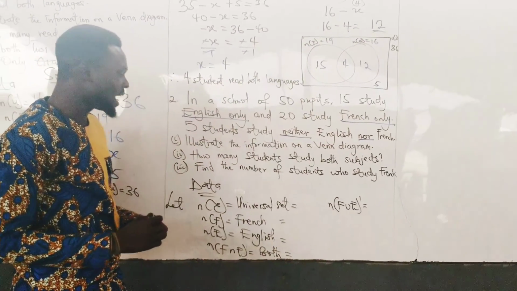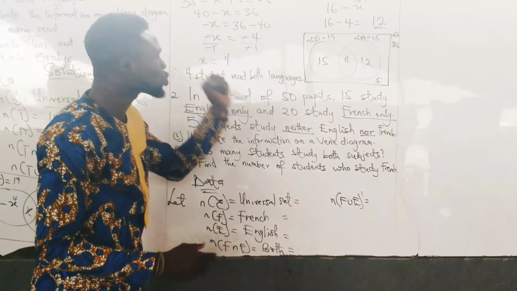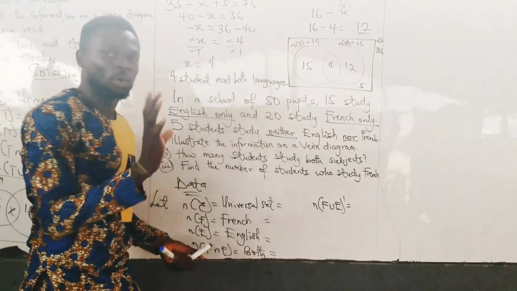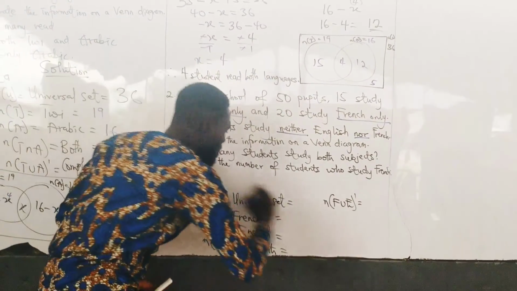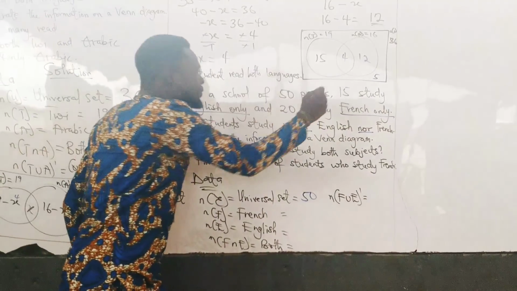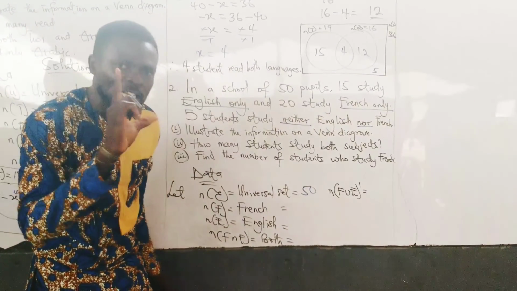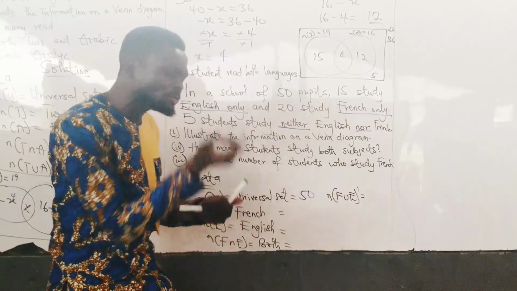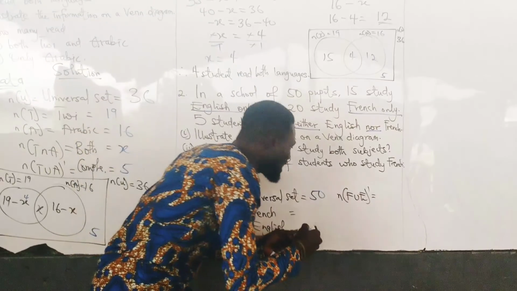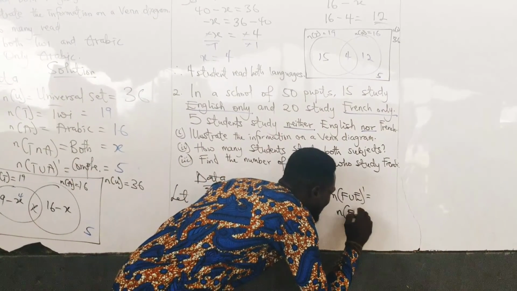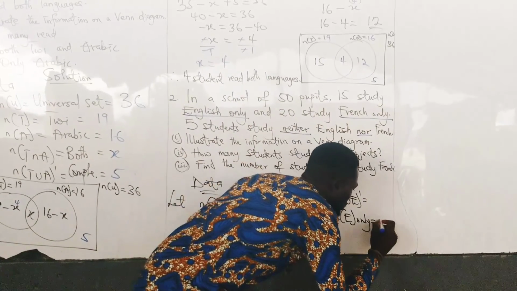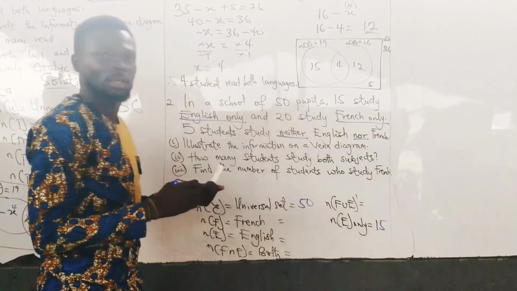So we will take the question again. In a school of 50 pupils, the total number is 50, so the universal set is equivalent to 50. 15 study English only, so we write it as n(E only), English only, which is 15.